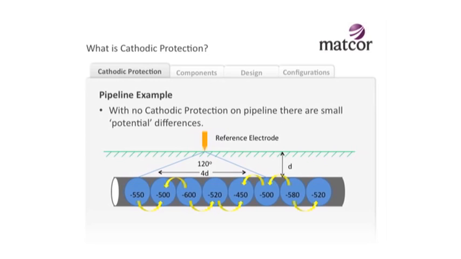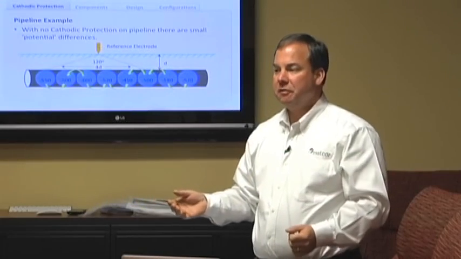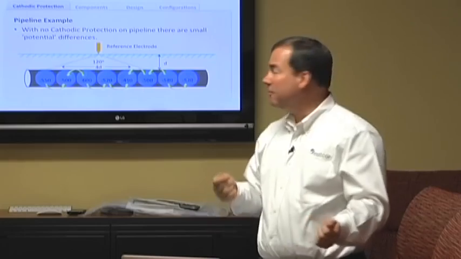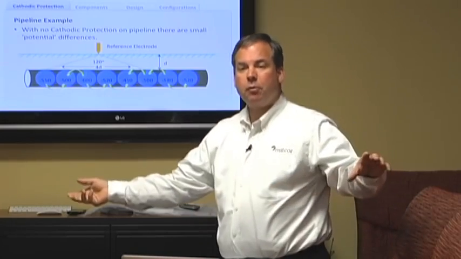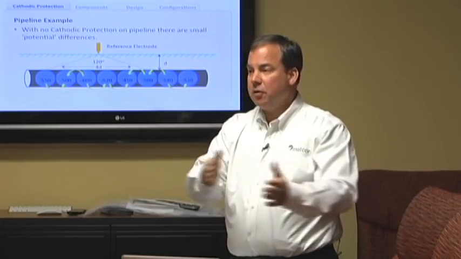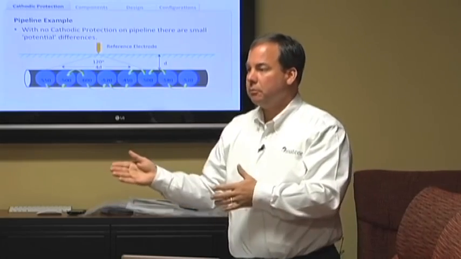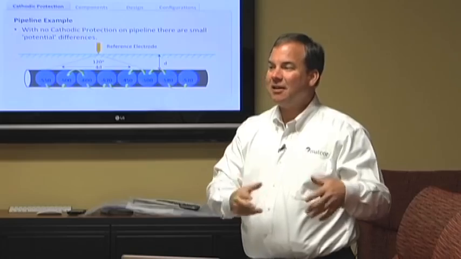So let's take a look at a pipeline example. Here's a pipeline with no cathodic protection on it. As you see along the pipeline, typically buried steel has a potential somewhere around minus 550 millivolts. It varies a little bit. It might be a little more, it might be a little less. If you took a bare pipeline and put it in the ground, you would find there are variations along that pipeline, naturally occurring, because the steel is not exactly the same everywhere.